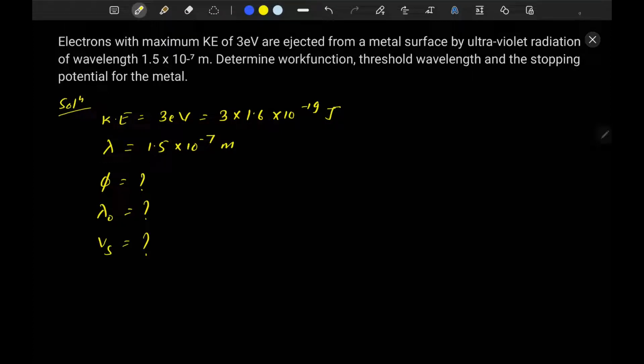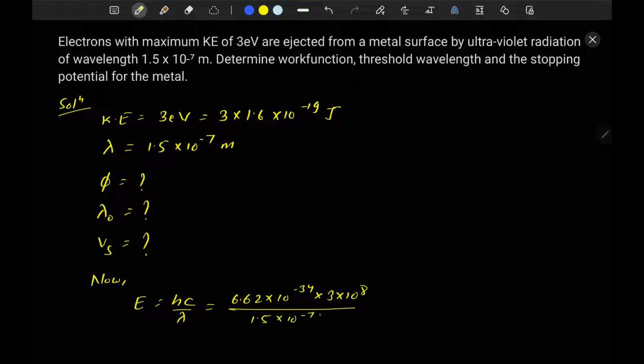We can use our formula. First we calculate the incident energy. E is equal to hc by lambda, which is 6.62 into 10 power minus 34 into 3 into 10 power 8 by 1.5 into 10 power minus 7.